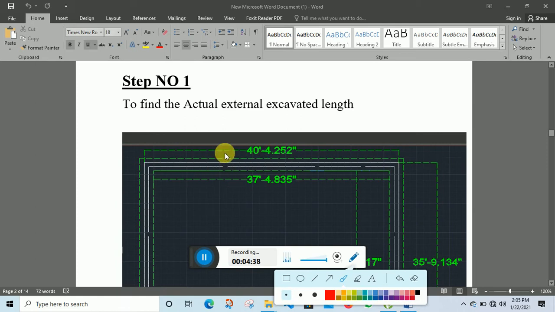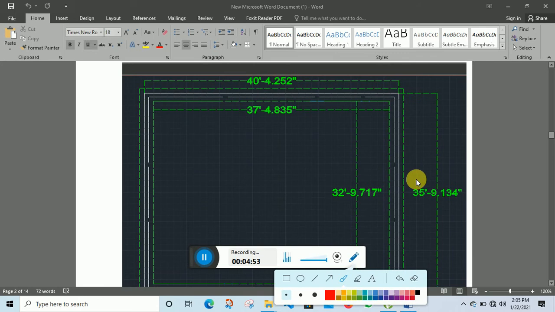This is the actual length of the plan, and this is the excavated length, from here to here. This is the internal excavated length, this is the internal excavated width, and this is the external excavated width. This was just the detail of the excavation.